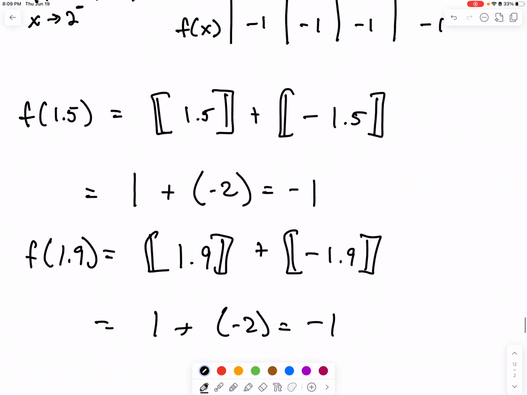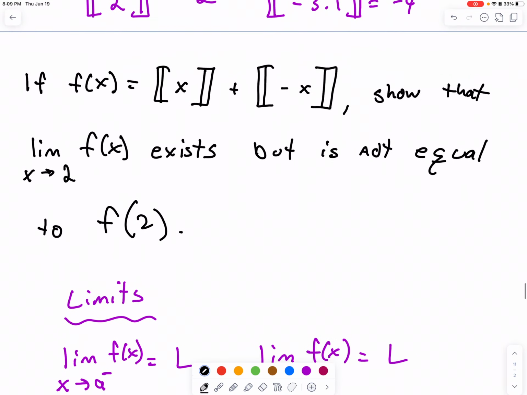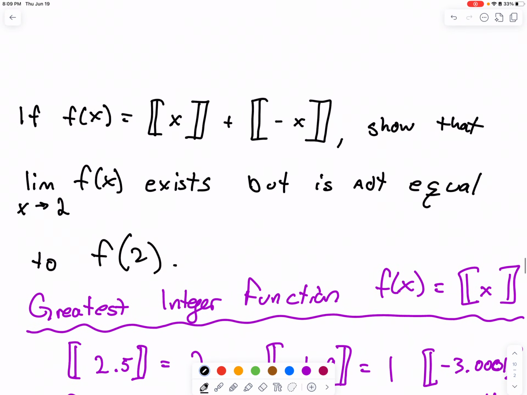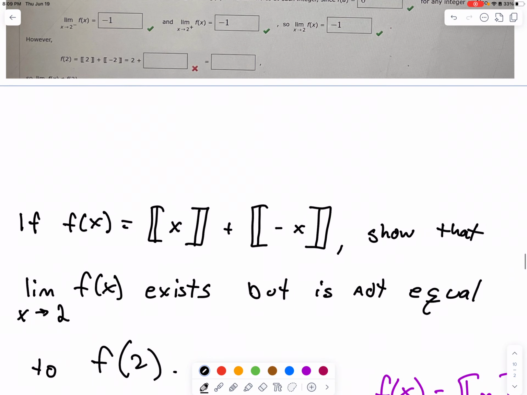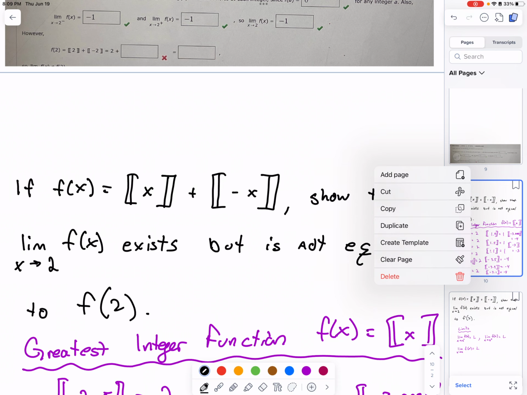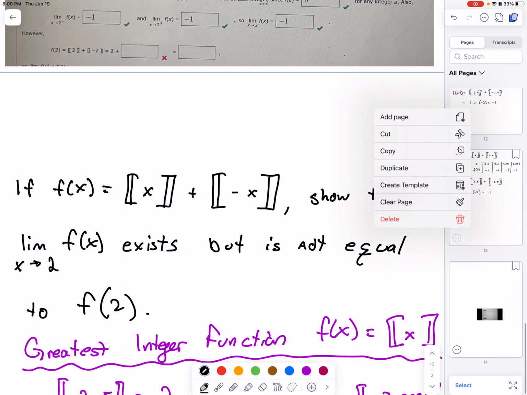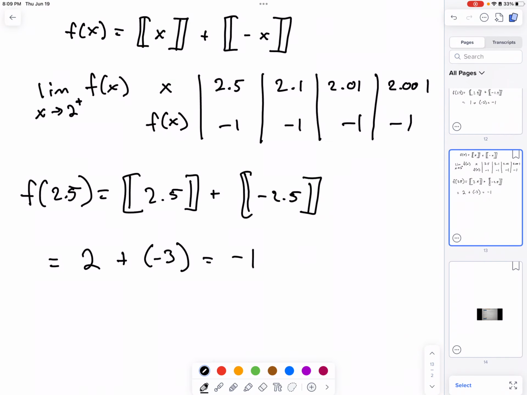So if we go back, let me see if I can find it. Okay. Let's go back a little bit more. A clean one would be nice. Hopefully I can still paste. Matter of fact, let me just go here. I'll just use this.